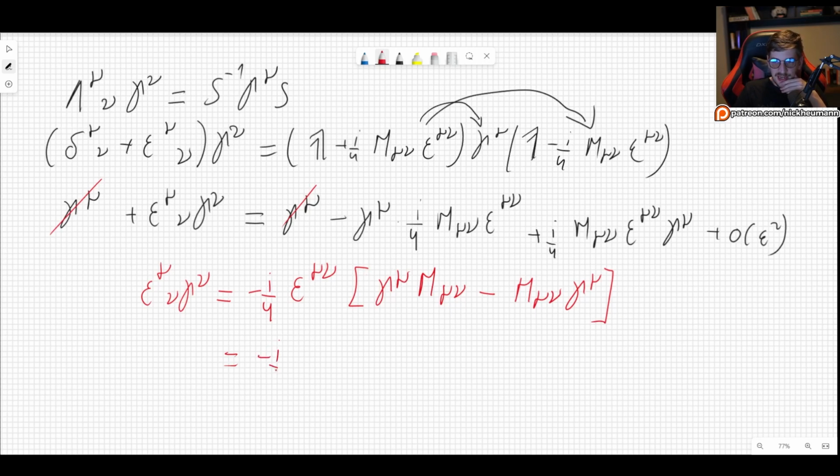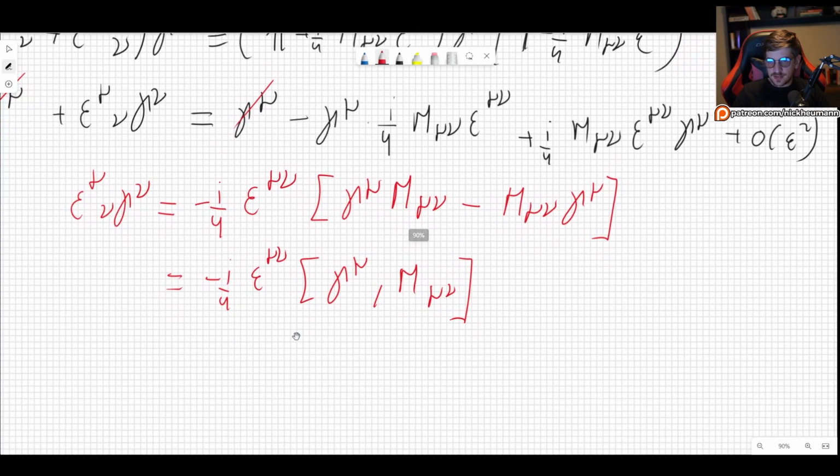So this is minus i over 4 epsilon mu nu, and then we have the commutator of gamma mu, m mu nu. Okay, and this of course has to be equal to, just to make this very clear, epsilon mu nu gamma nu. So this is the condition that we find for this mysterious M matrix.